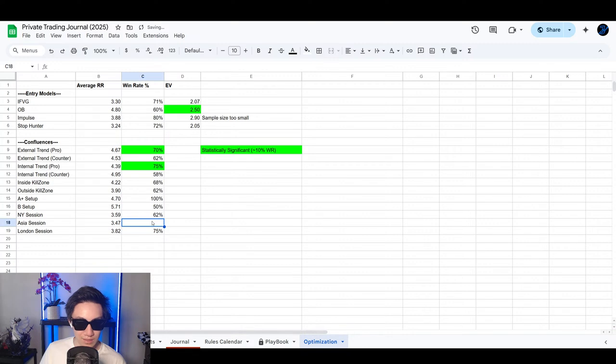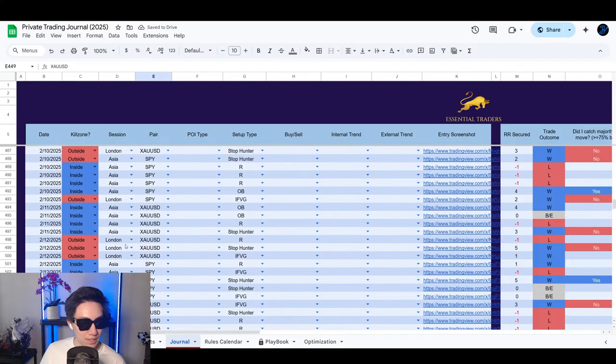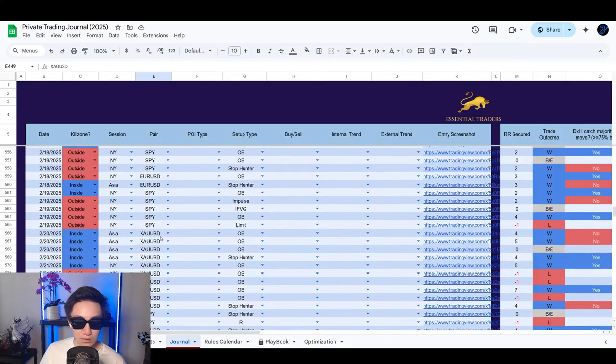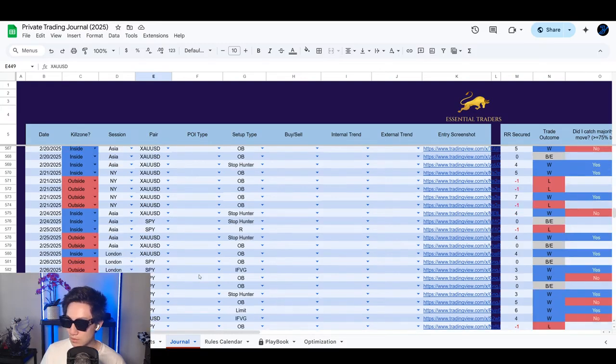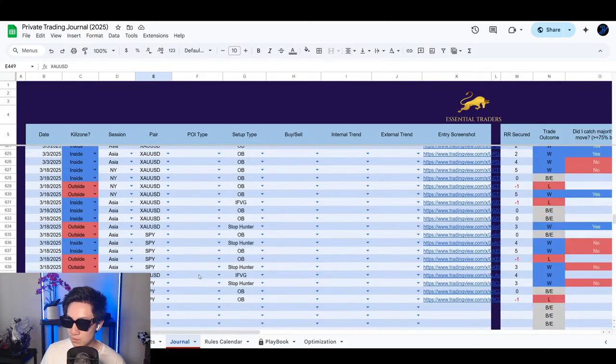I'm going to try to copy this formula again, but it literally should not change. Yeah, no clue why that is.